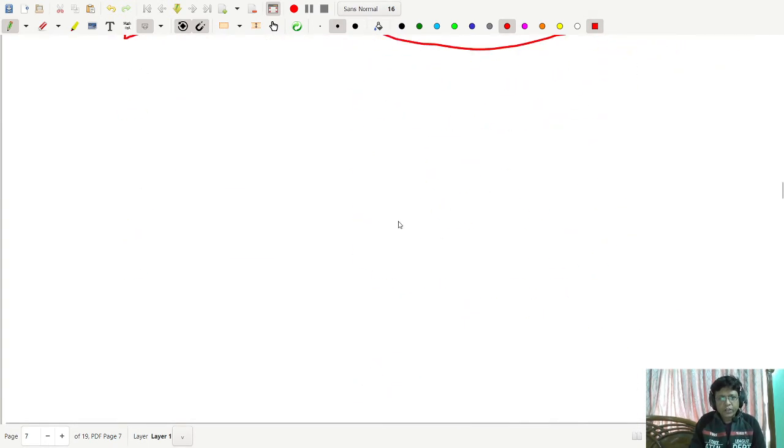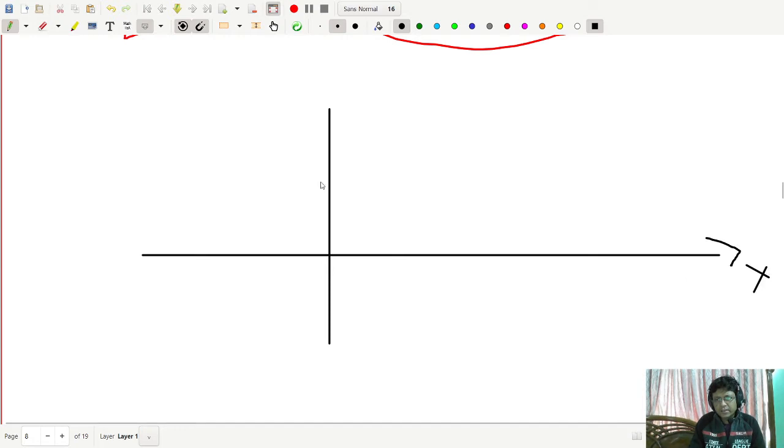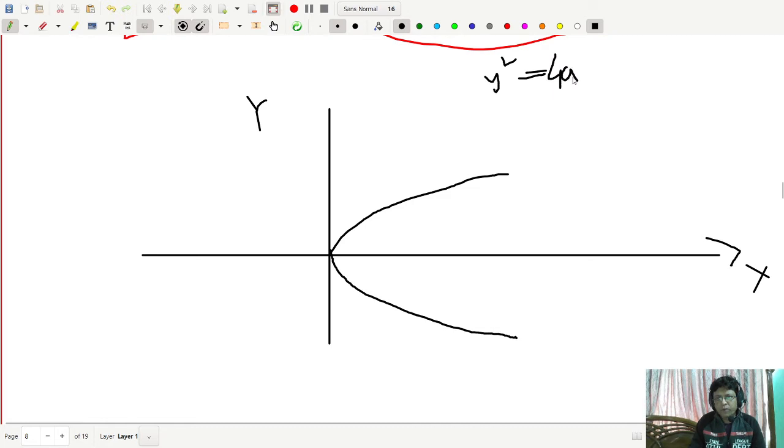Let me draw the axis. It will be better for you to draw the axis of the parabola. This is the x-axis, this is the y-axis, and this is the parabola. The first standard form is y square equal to 4ax. This is the simplest standard form.